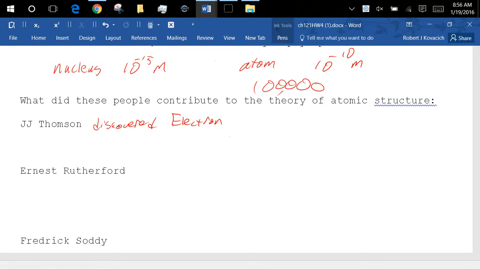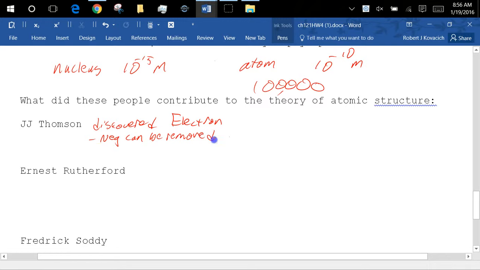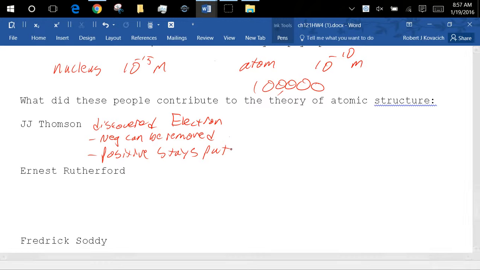But he had the negatives can come off. So he determines that there's a positive and negative portion to the atom, and the negatives can come off, and the positive has to stay put. They ended up calling that thing that can come off the electron. That's not what he called it, but it's all right.